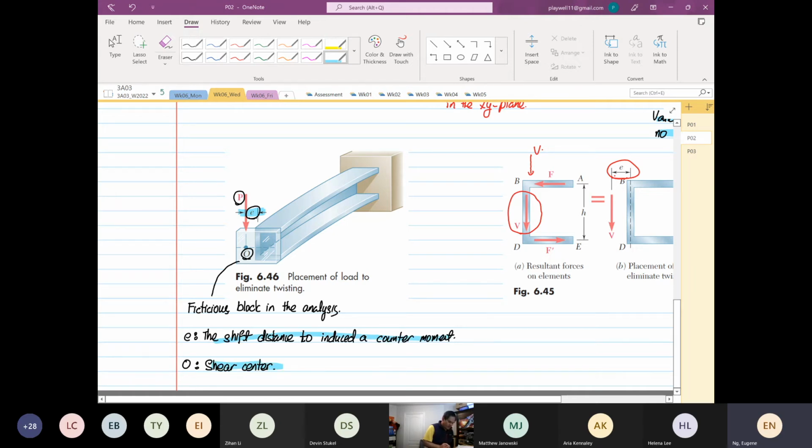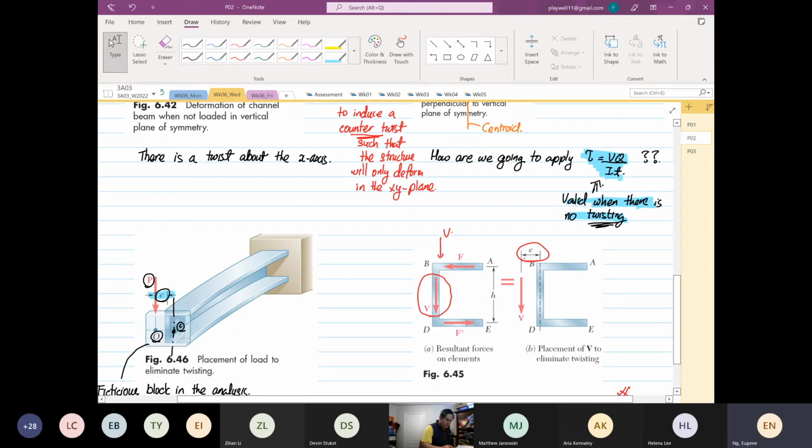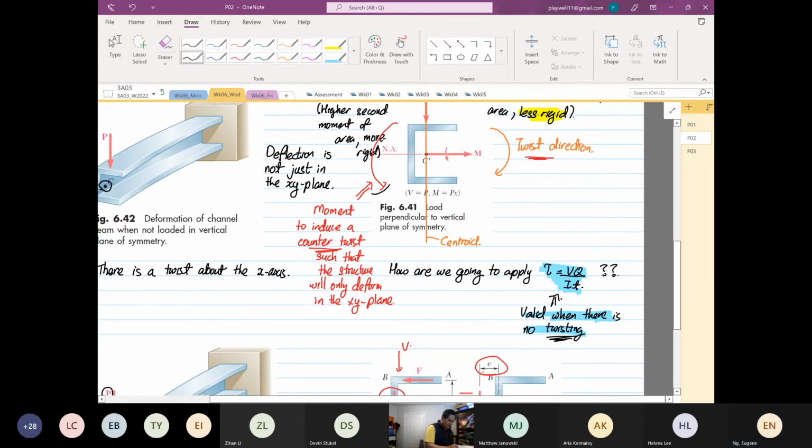O is known as the shear center. So why is E towards the left, relative to point C? If I were to draw point C, this is our point C over here. This is because we're going to induce a counter moment.